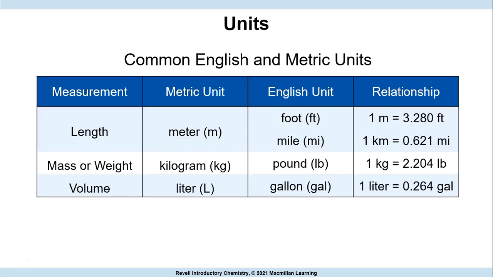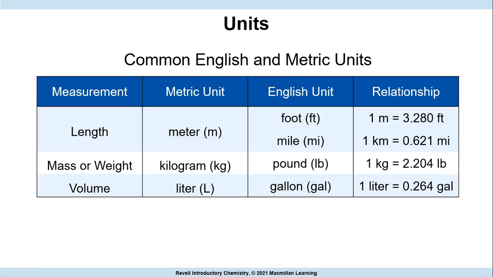We know that 1 meter is equal to 3.280 feet, and 1 kilometer is equal to 0.621 miles. Now, if we want to measure mass or weight, in the metric unit, it is measured in kilograms, and in the English unit, we are talking about pounds. And 1 kilogram is equal to 2.204 pounds.